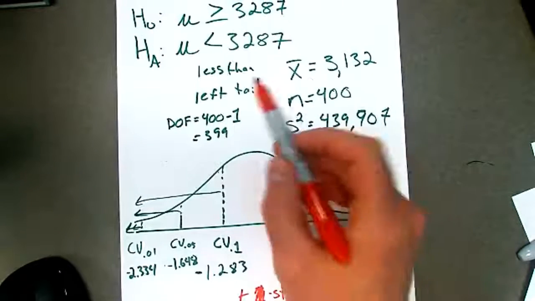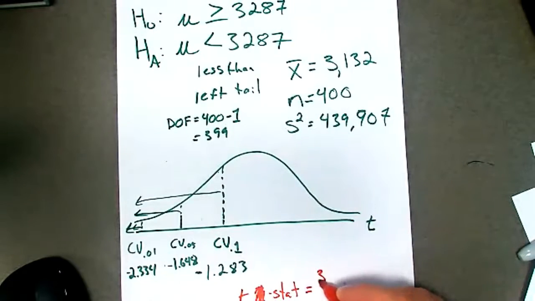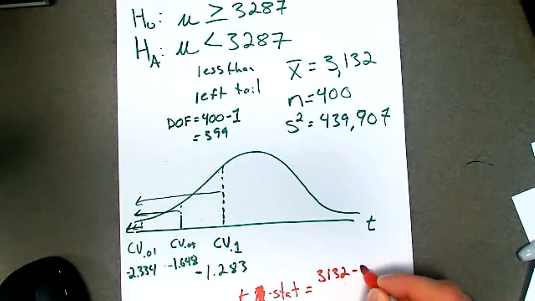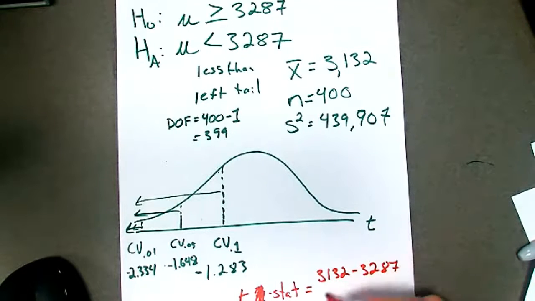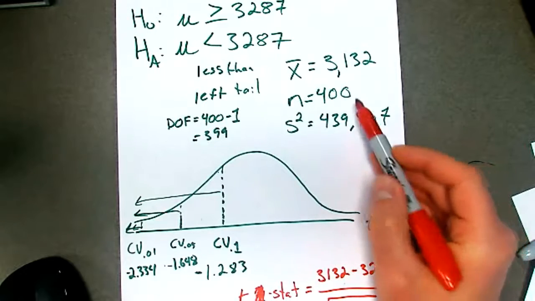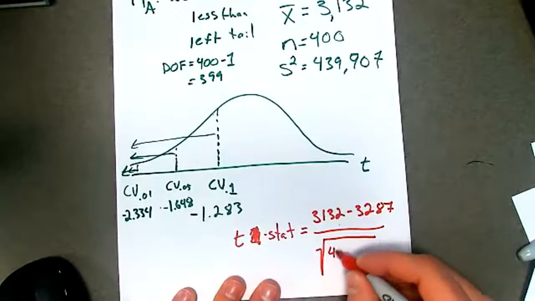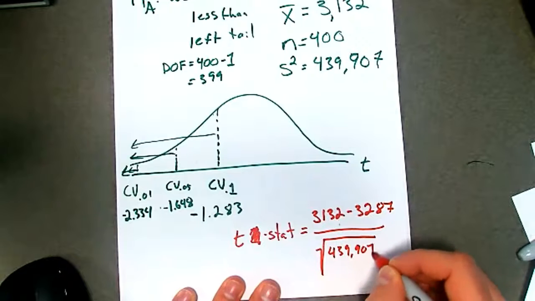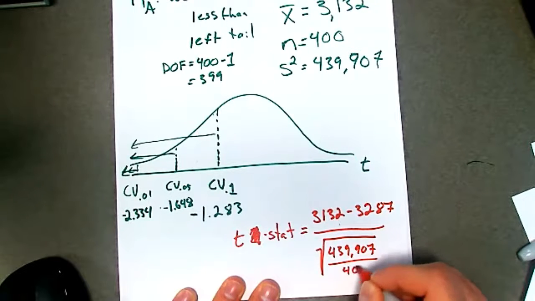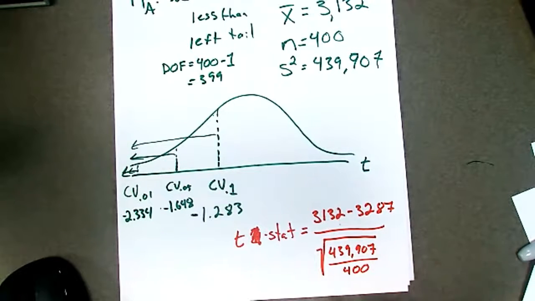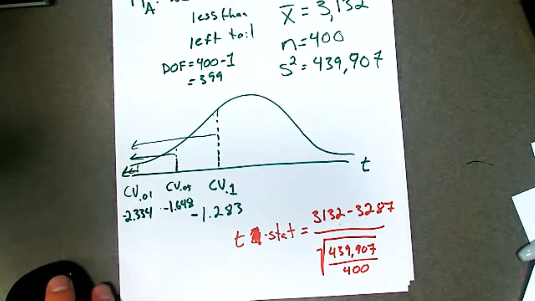So I go up here, got those values there. So 3132 minus 3287. Then I divide by the square root of my sample variance divided by my sample size, 439,907 over 400. That will give me my test statistic.